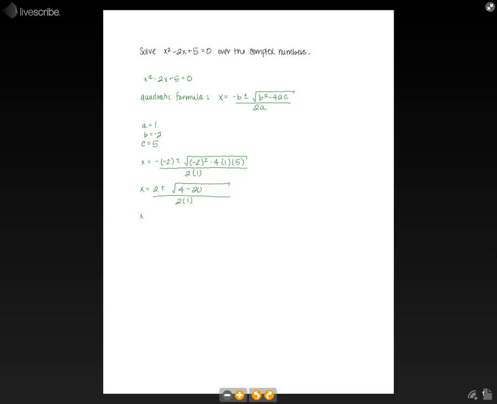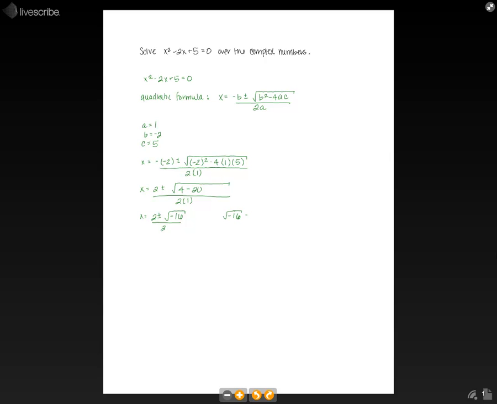Alright, so let's simplify even further, and we get 2 plus or minus the square root of negative 16 all over 2. Alright, so we know we can't take the square root of negative 16, so this is where the complex numbers come in. So let's take the square root of negative 16 over here to simplify it.